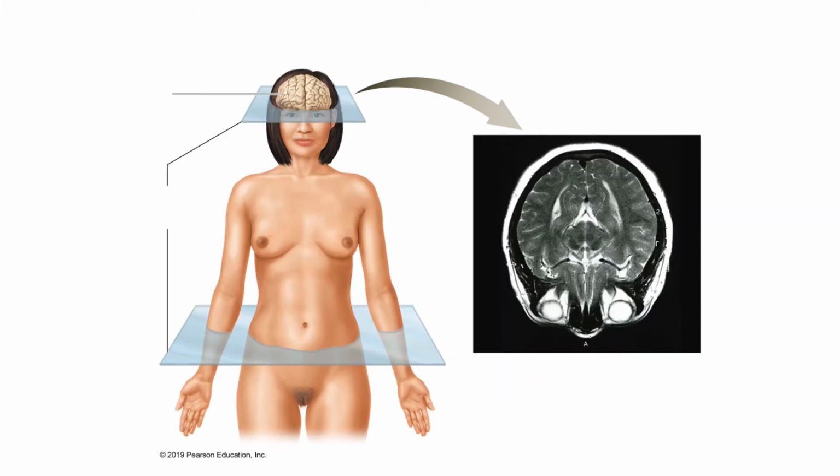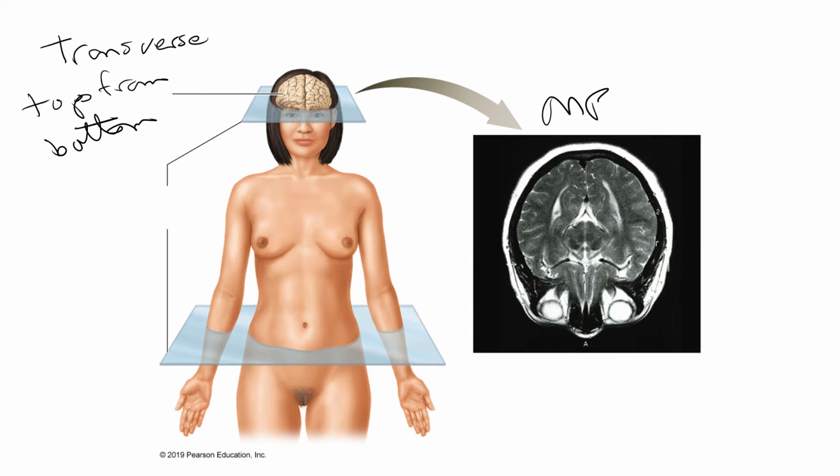Next slide. And in this diagram, they're showing a transverse section. Transverse section goes across the body and separates top from bottom. Okay, and this over here is an MRI, and it's showing the eyeballs. Let's change over to red.